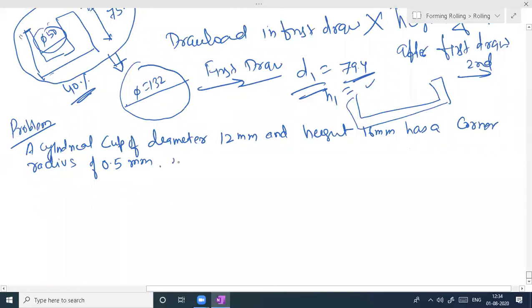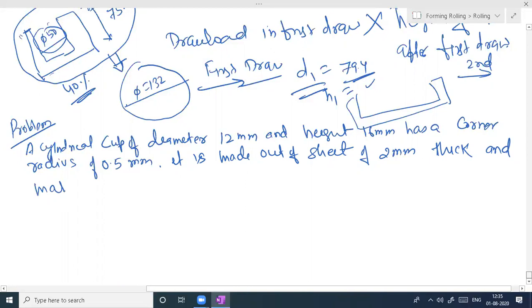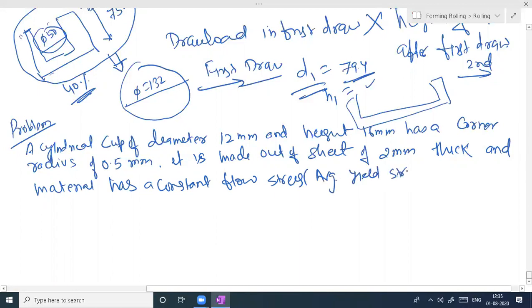It is made out of sheet of 2 mm thick and the material has a constant flow stress, that is average yield strength, of 35 megapascal.